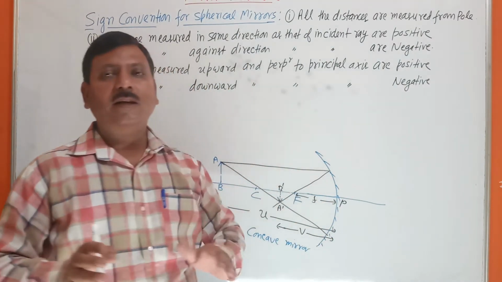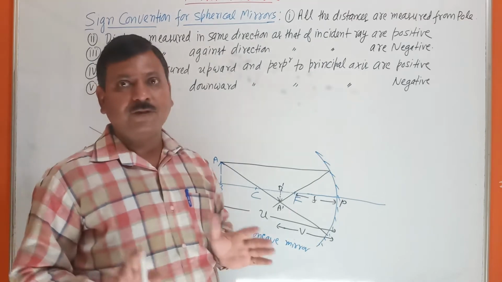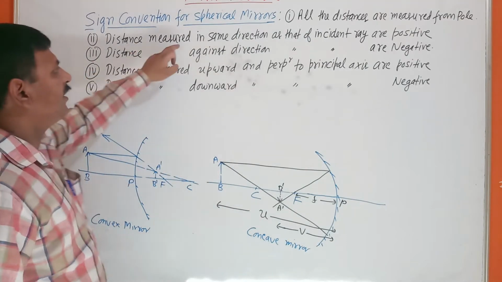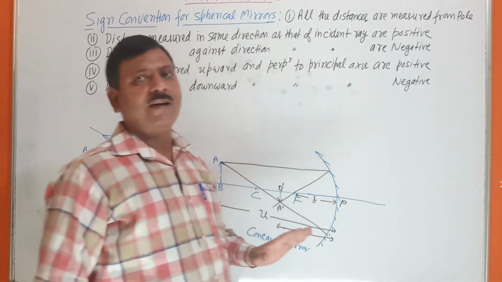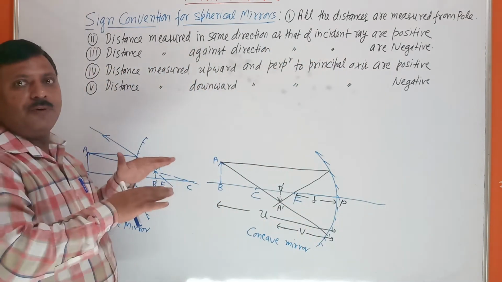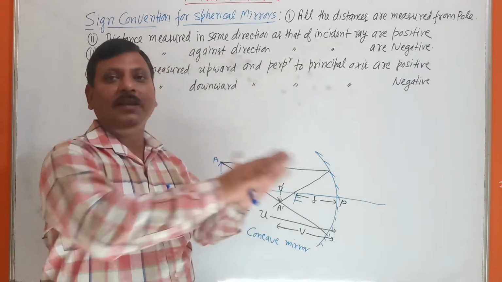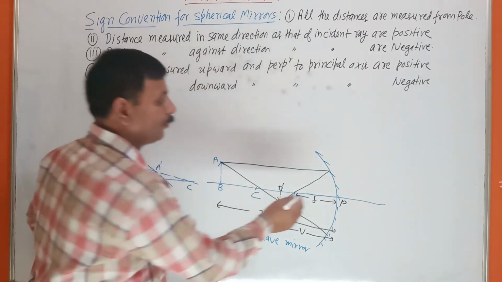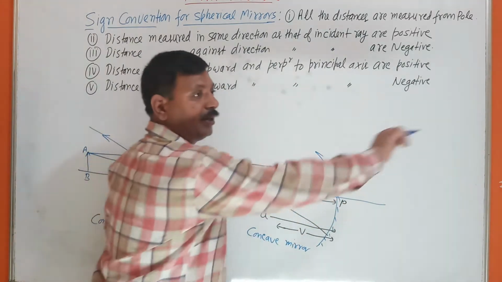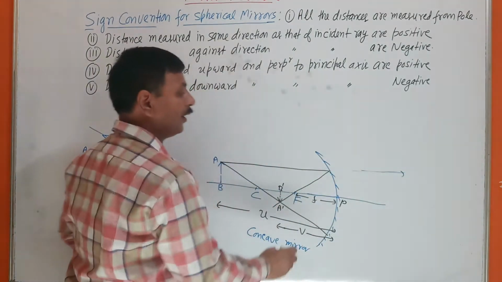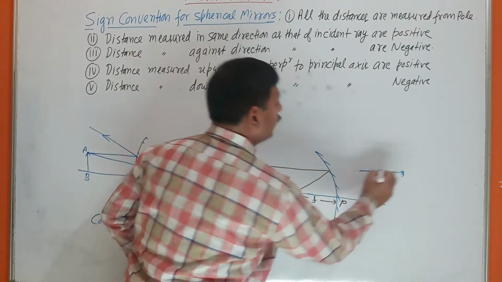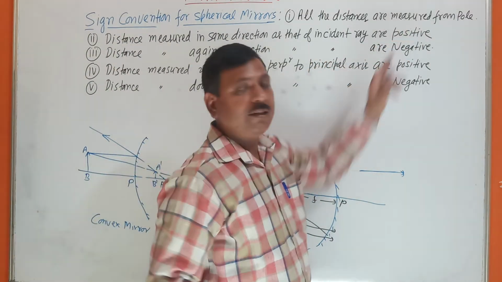The pole we can assume as the origin. Next, distance measured in the same direction as that of the incident ray. If you are moving from the pole in the direction of the incident ray, you have to take it as positive.